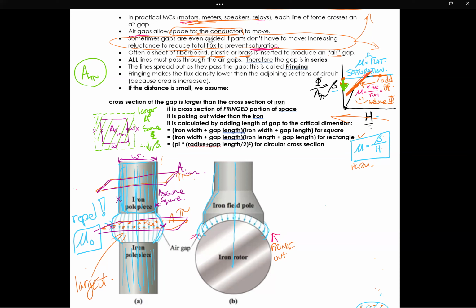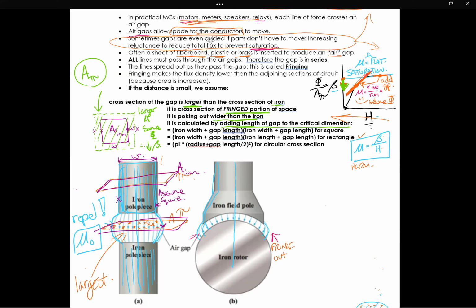Now, how much larger is this cross-sectional area is the question. So the cross-section of the gap is larger than the cross-section of the iron. It is the cross-section of the fringed portion of space. So here is the fringed portion of space here in green. It's poking out wider than the iron. It is calculated by adding the length of the gap to the critical dimension.